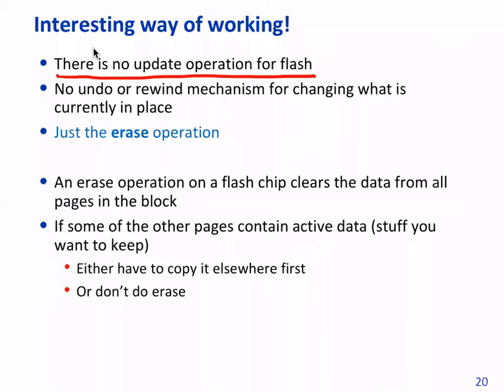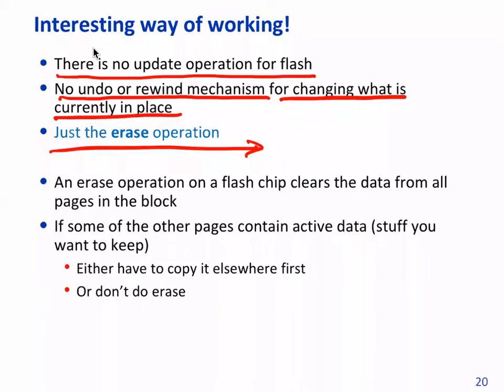Update means that you cannot overwrite it. So there is no undo or rewind mechanism for changing what is currently in place. You have written something in a location and you want to undo it and write something else, that's not possible. The operation is just erase and then rewrite everything.